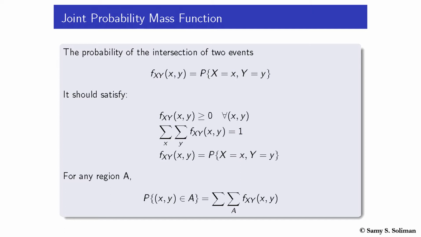So we can see here that the joint probability mass function for the case of two jointly distributed discrete random variables is defined as the probability that the first random variable X takes a value small x and simultaneously, at the same time, the second random variable Y takes a specific value small y.